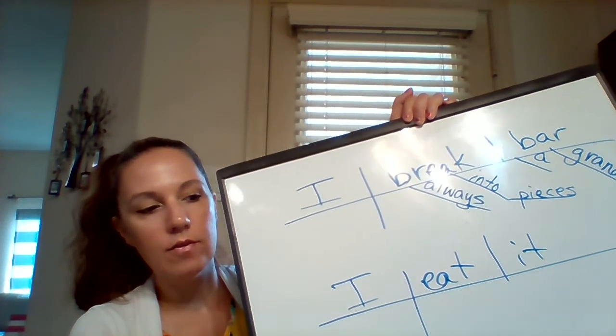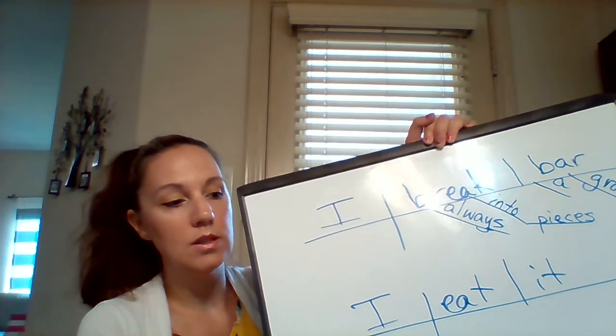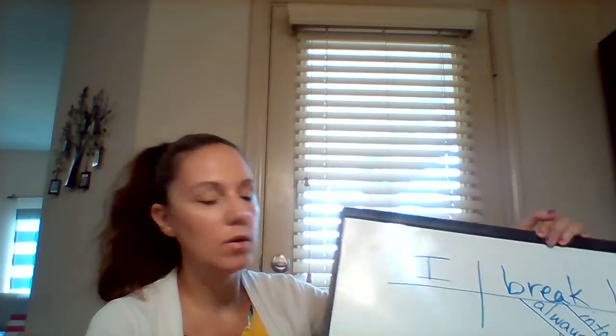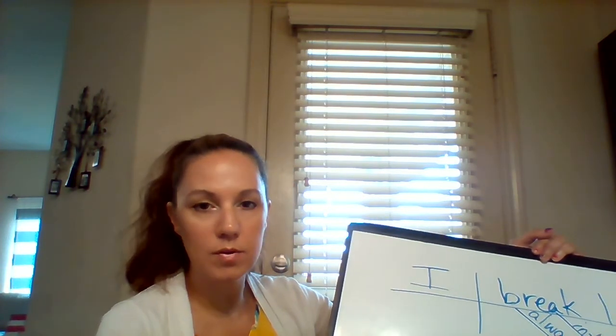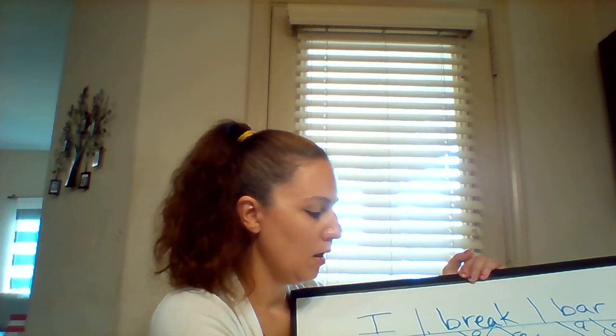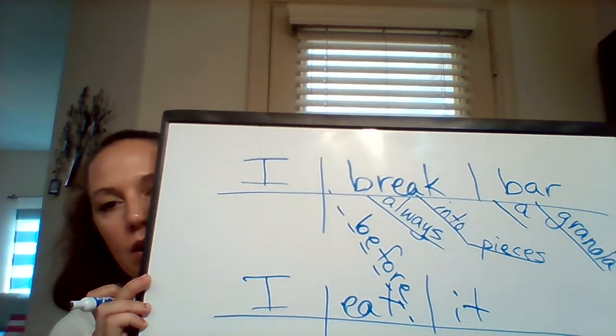And then we just have our adverb that's going to connect the two, which is before. It's describing when we're breaking it, when we're eating it. So we break it before we eat it. So we're going to connect the two with the dotted line. Before. That's how the two sentences are connected with that adverb clause.